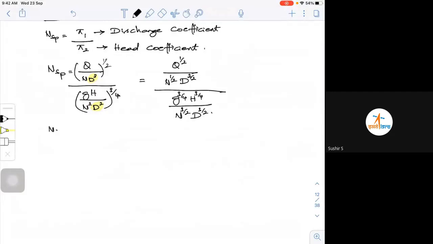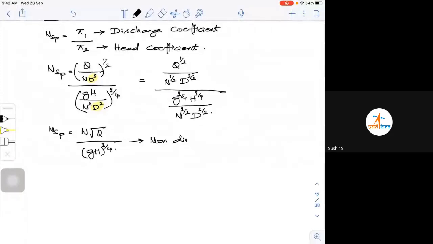What I am left with is NSP equal to N to the power of 3 by 2 minus 1 by 2, actually only N, times root Q, divided by (GH) to the power of 3 by 4. Now what is this?